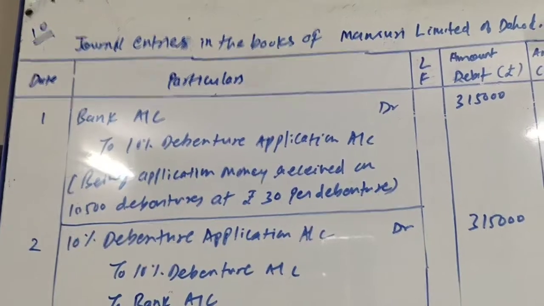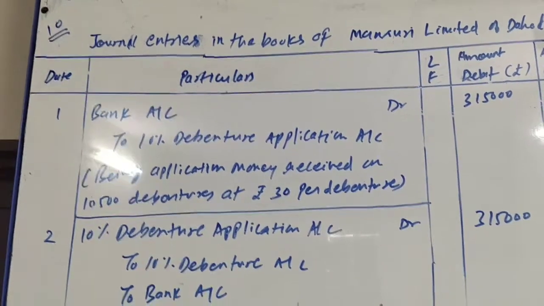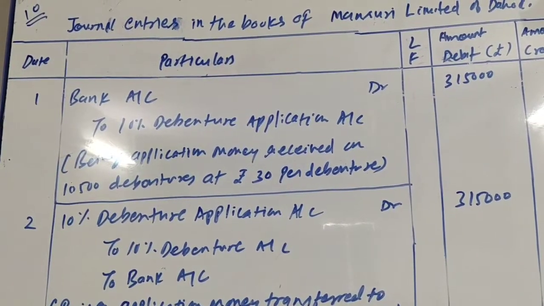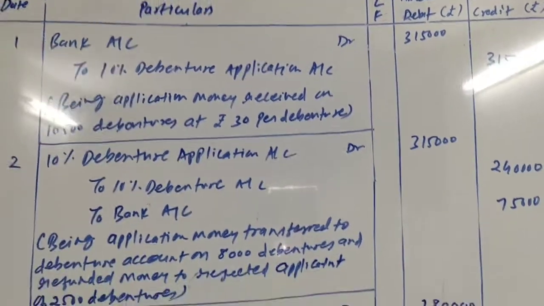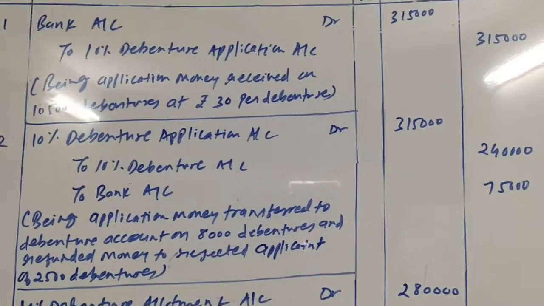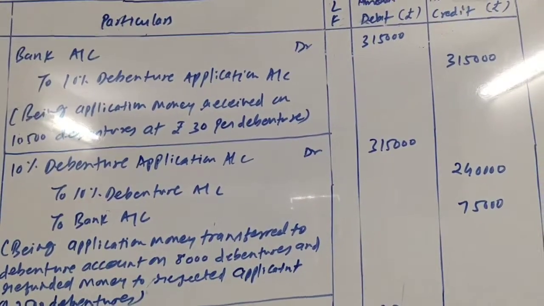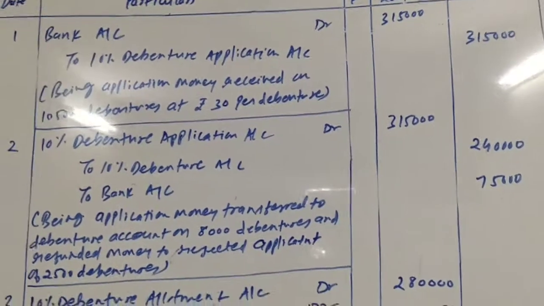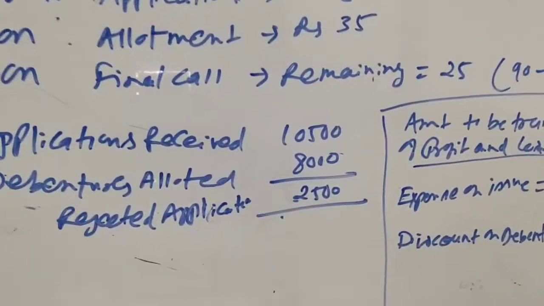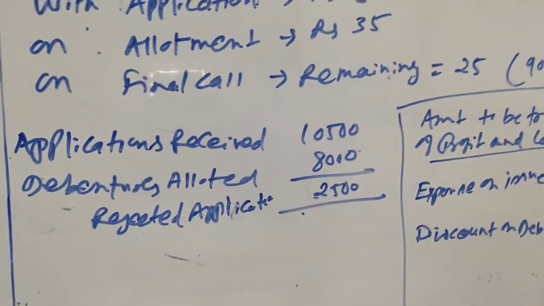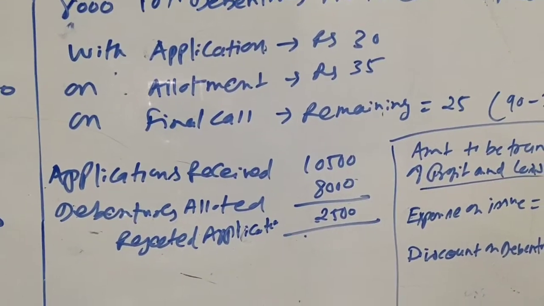Next entry will be of transferring the amount which is received with application to debenture account and refunding the excess money. So 10% debenture application account debit 3,15,000 to 10% debentures account. Friends, debentures issued are 8,000, so 8,000 into 30 will be 2,40,000.